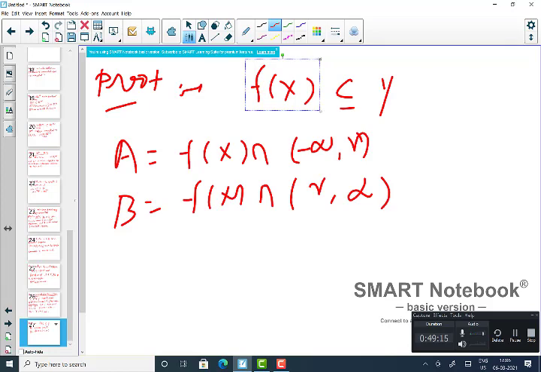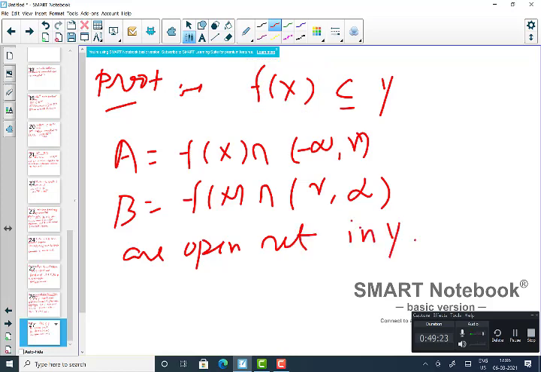They are open sets in Y with respect to order topology, and so obviously they are open in f of X, not Y, with respect to subspace topology. A and B are open, right?